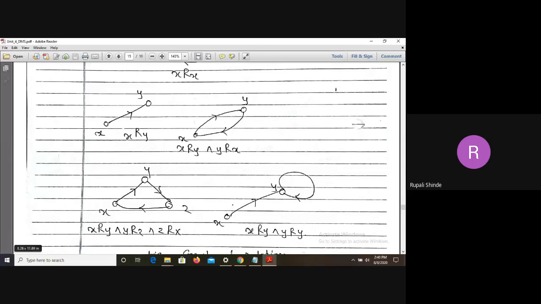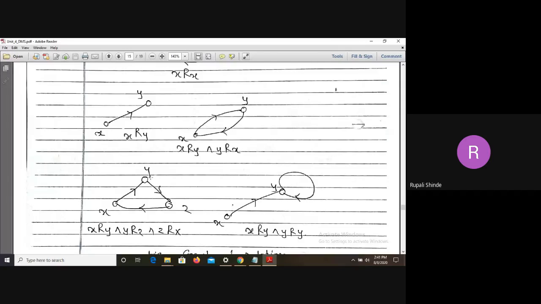Now, next one: x is in relation R with y, y is in relation R with z, and z is in relation R with x. In short, first of all, we have to identify that three elements are present, x, y, z. So we have to represent these three elements with three circles. Now x is in relation R with y, so there should be an arrow from x to y.